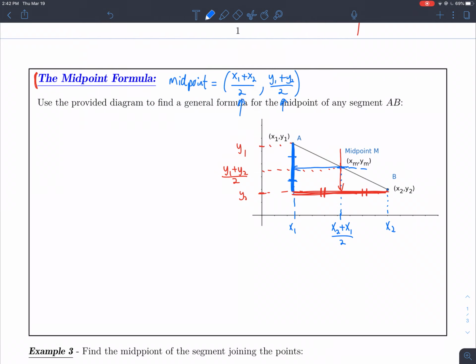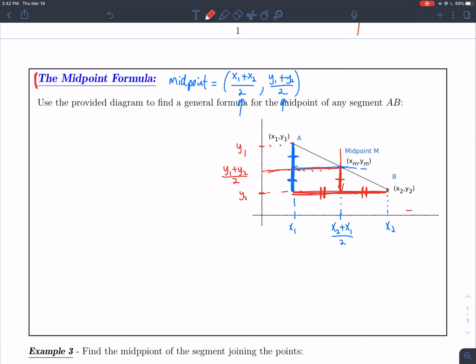Then I know that this piece is equal to this piece, and I'm using geometric notation here, and this piece is equal to this piece. And likewise, of course, if this is a perfectly horizontal segment, then this piece is also equal to this piece.